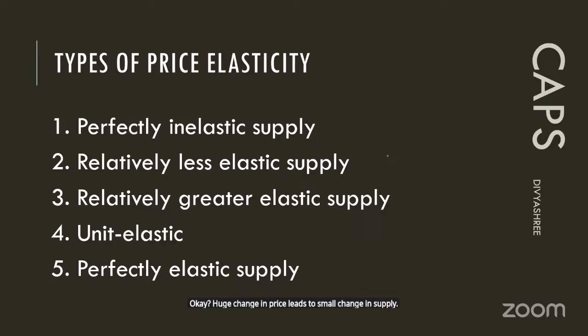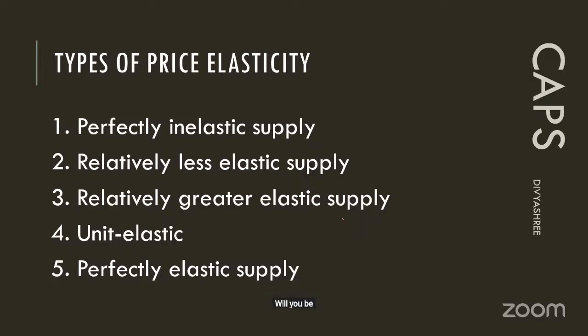Relatively greater elastic: small change in price leads to huge change in supply. Unitary elastic: change in price leads to proportionate change in supply. Perfectly elastic: no change in price leads to infinite change in supply.